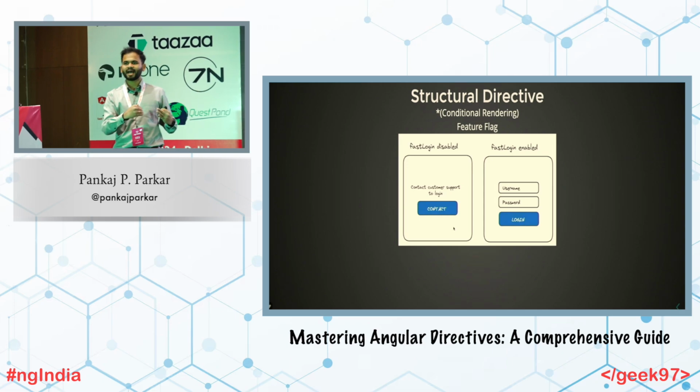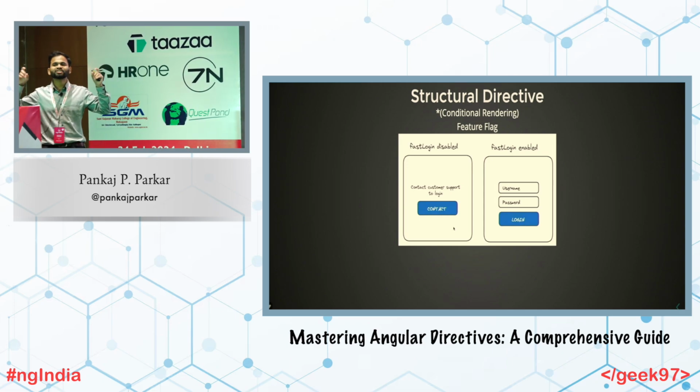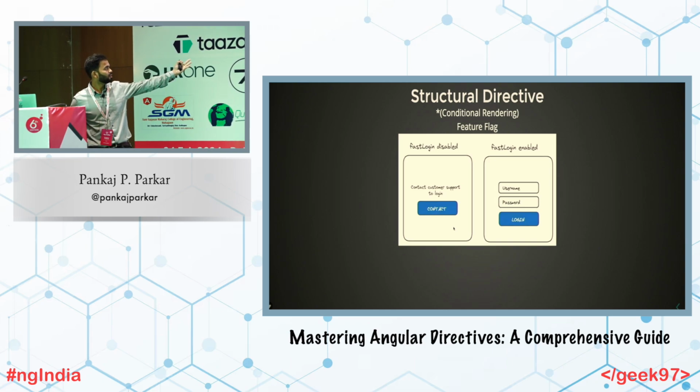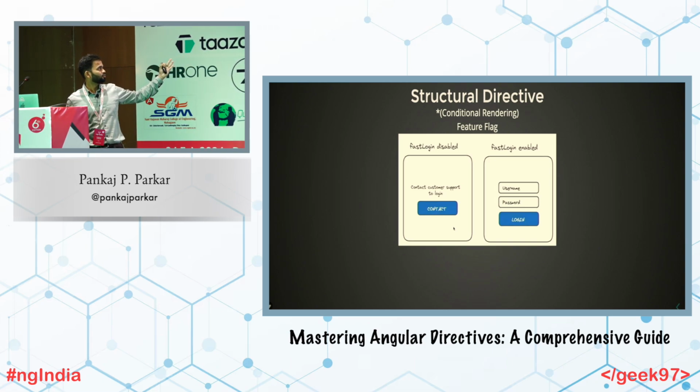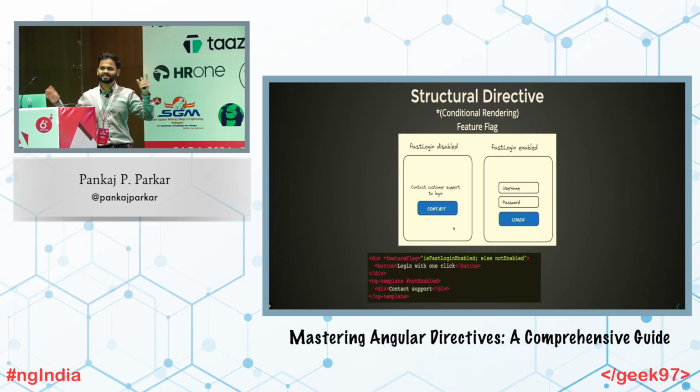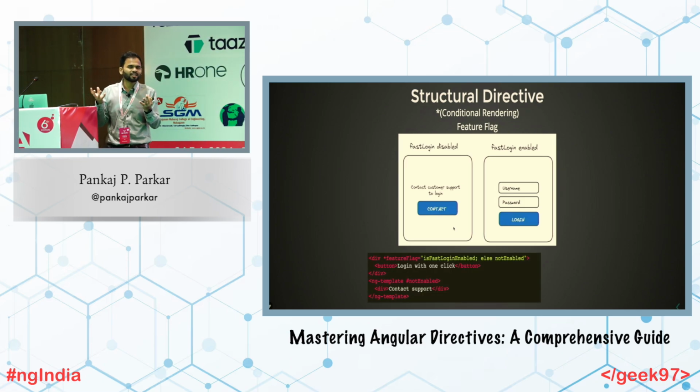So for that, you basically have feature flags. By using them, you control your UI. For example, you see a fast login disabled page and a fast login enabled page. So somehow we control the UI or feature, how we can ship it.